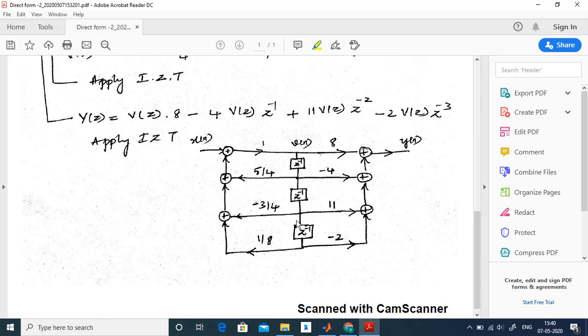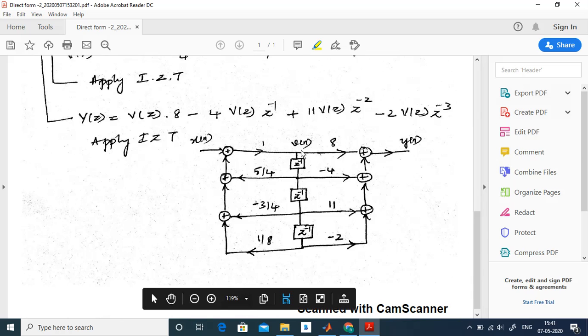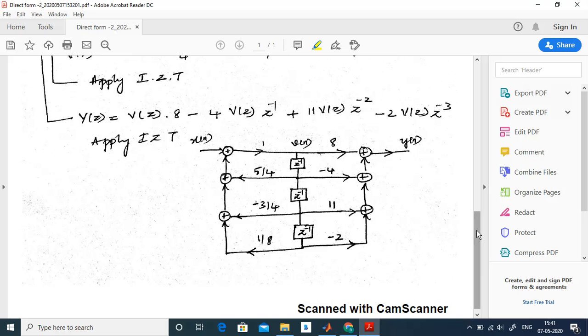So if you club all this, you will get v of n, which is in general a temporary variable. In some books, you can find it as a temporary variable.